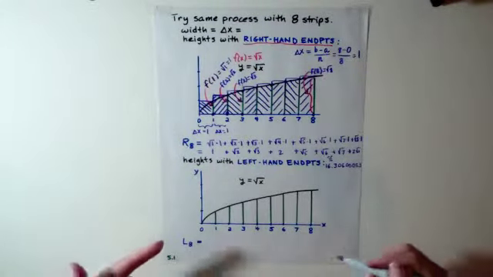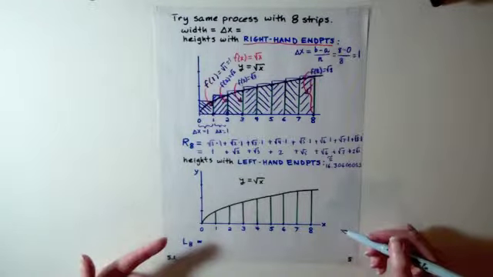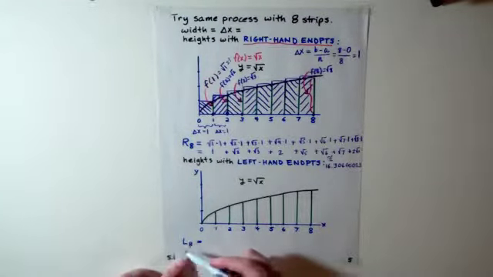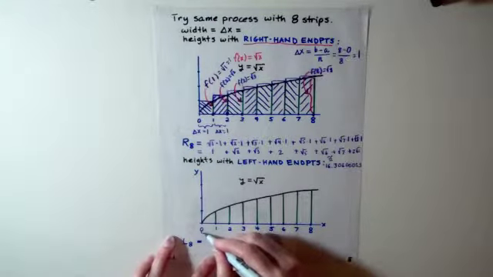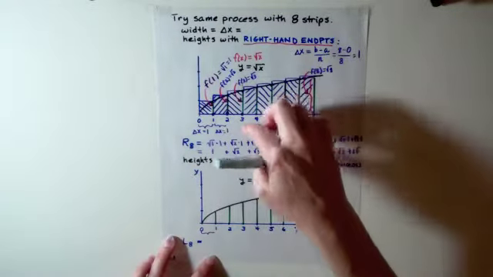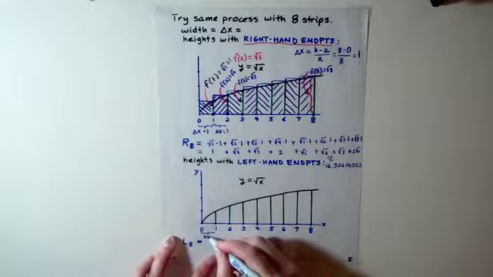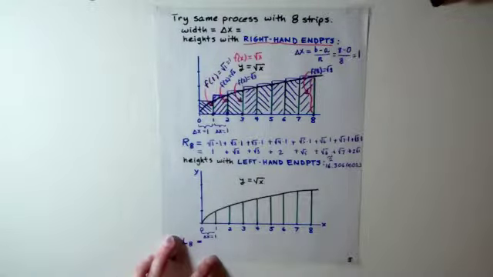Well, if you went ahead and looked at the same thing with the left-hand endpoints, but now again with 8 rectangles instead of with what we originally had, 4 rectangles, you notice that the widths will still be the same as they were for our R8. The width of each of these strips is still equal to 1.